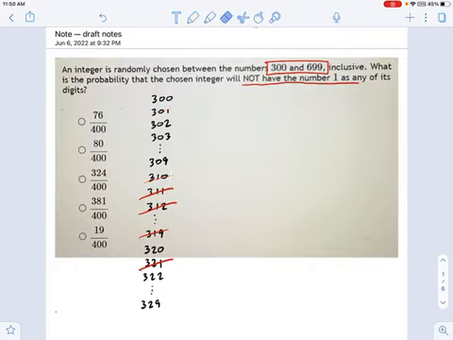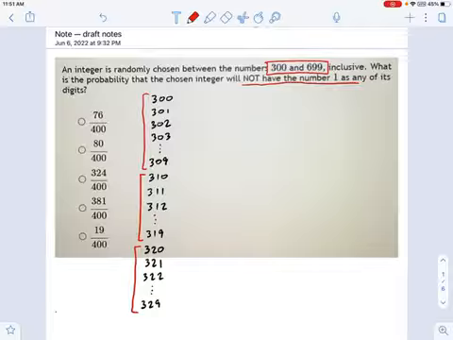So I want to look at these things grouped. Let's look at the first 10 numbers, and the second 10 numbers, and the third 10 numbers, and so on. How many bad numbers are there in this first set? There's only one, 301. In the second set, how many bad numbers are there?